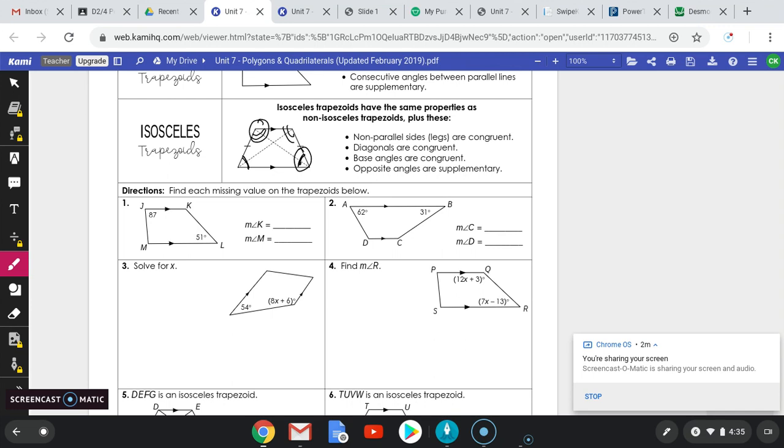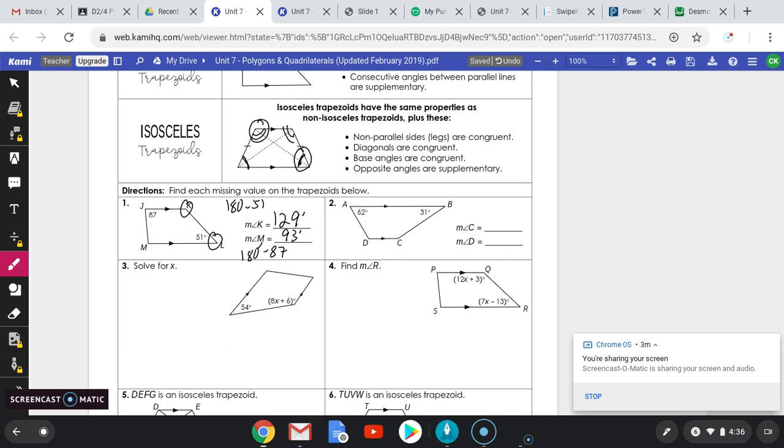So to find angle K, remember these two angles are supplementary along the non-parallel lines. So to find angle K, you do 180 minus 51, which gives me 129. And to find angle M, same concept with the 87: 180 minus 87 gives me 93 degrees.